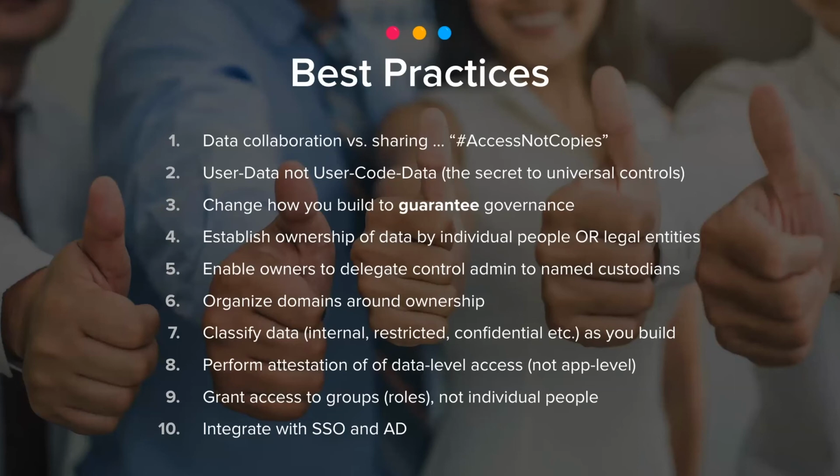You want to, as I had mentioned earlier, grant access to groups and use those groups as roles. Avoid granting access to individual people. So that's aligning with even the best practices of today as to how you would go about building solutions. And then where you have single sign-on infrastructure available, an Active Directory in use for the management of these groups or roles, then leverage that infrastructure and have that connect into the fabric so that it's able to piggyback on your existing investments.